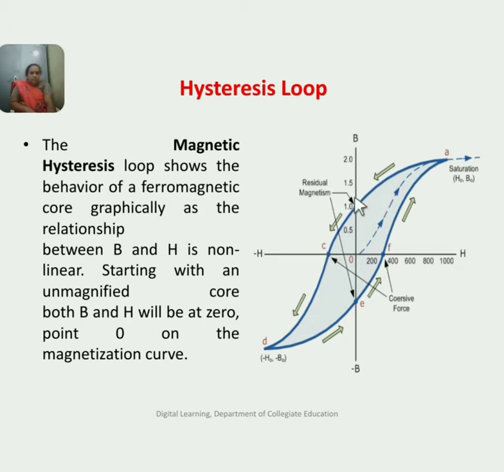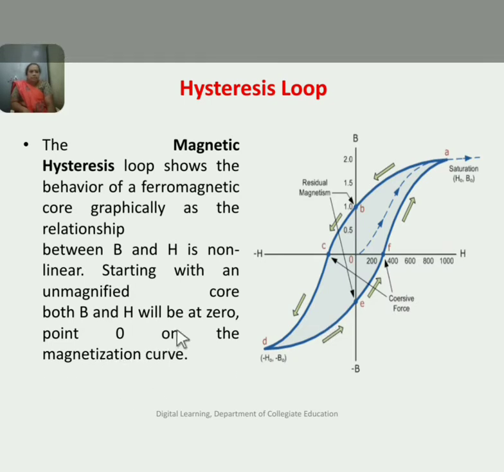The magnetizing force which must be applied to null the residual flux density is called the coercive force. This coercive force reverses the magnetic field, rearranging the molecular magnets until the core becomes unmagnetized. When the core becomes unmagnetized, at that point B also reaches 0.